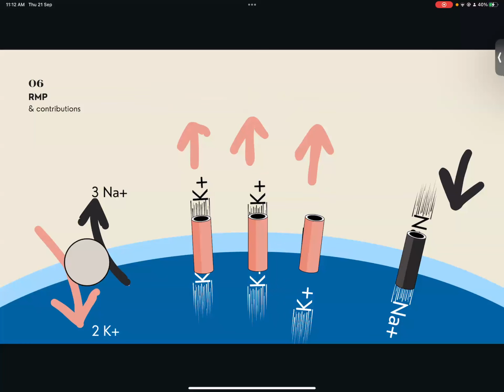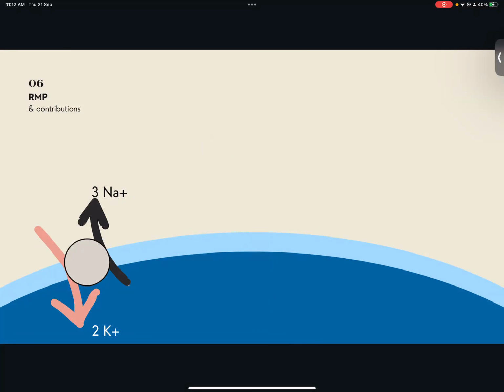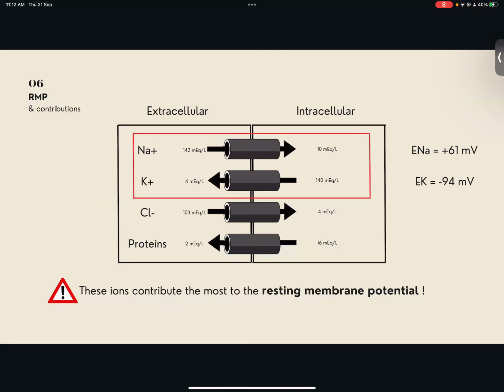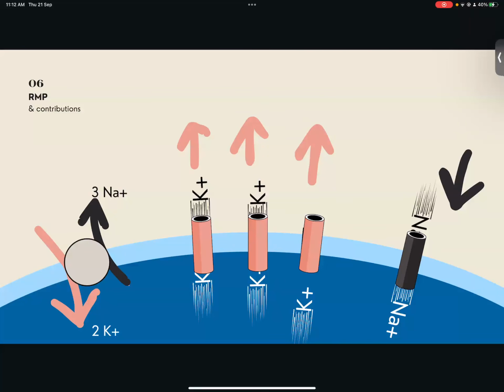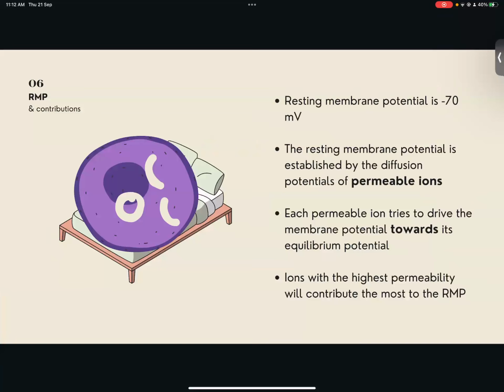That means the membrane will develop a negative potential that's closer to potassium's equilibrium potential than to sodium's. If potassium's is negative 94 and sodium's is positive 61, it will be closer to negative 94. That is why we can say our resting membrane potential is negative 70 millivolts, again because it is more permeable to potassium than to sodium.